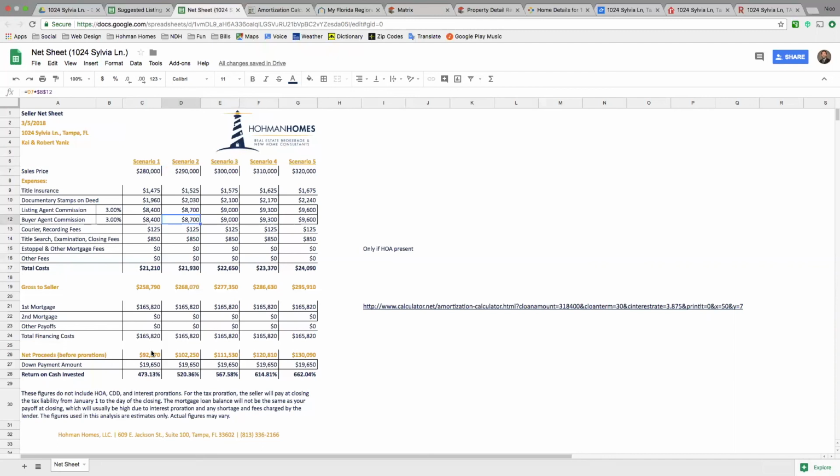That gets us our net number, which is what the seller can walk away with when they finish closing. And based on their down payment amount, we know their percentage of return on their cash invested. Not too bad of a profit there.